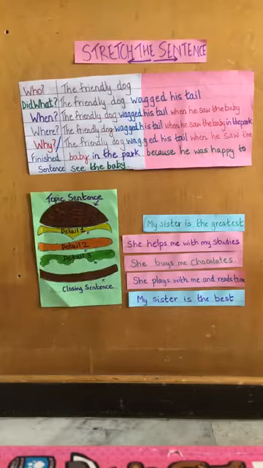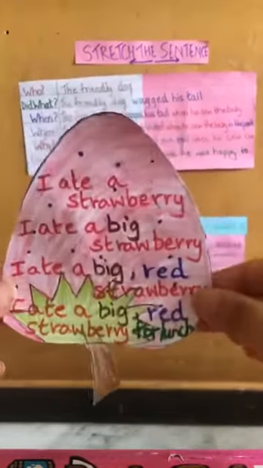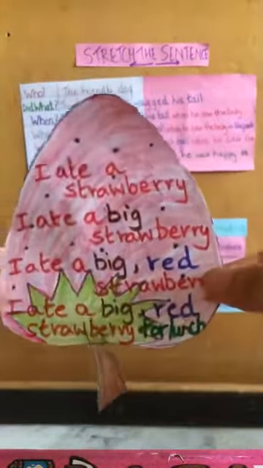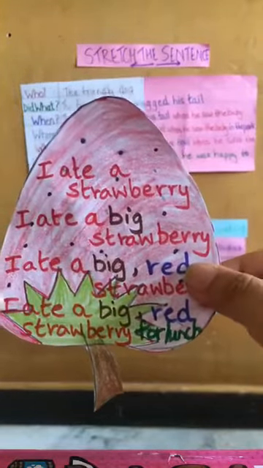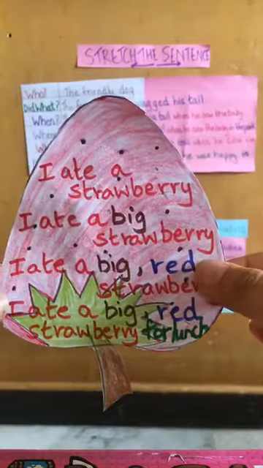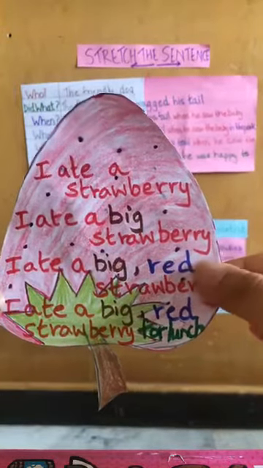Now for paragraph, one more, I just want to show you this for children who are smaller. What you can do is, you can make any fruit or anything you want to talk about. This is information giving sentences. So I ate a strawberry. Then you ask the child to stretch it.